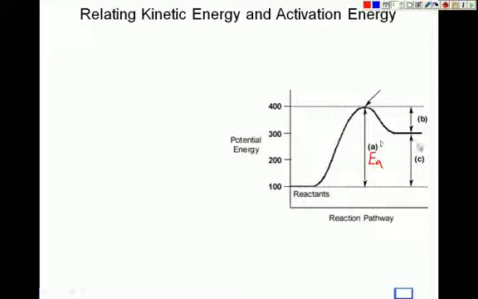Now, C is the difference between reactants and products, which is also called the change in enthalpy, or in other words, delta H. Up here is our products, and up here again is our activated complex.